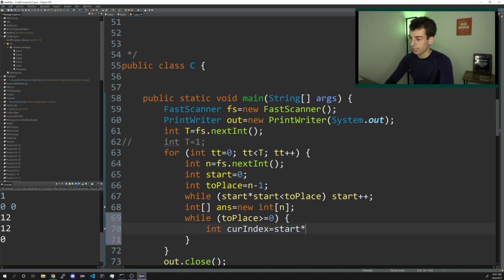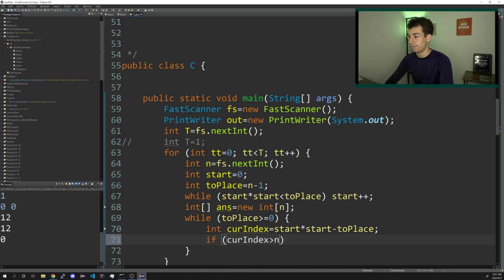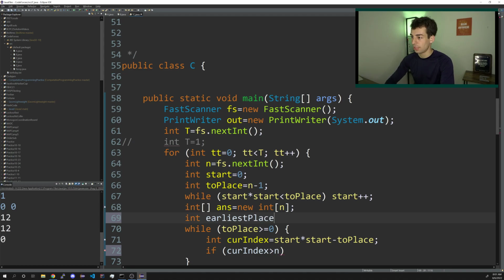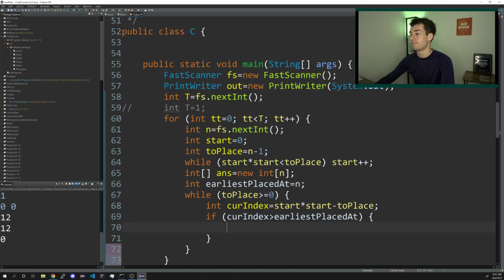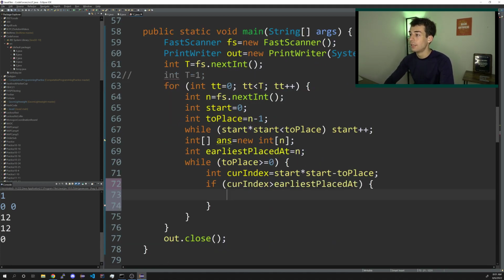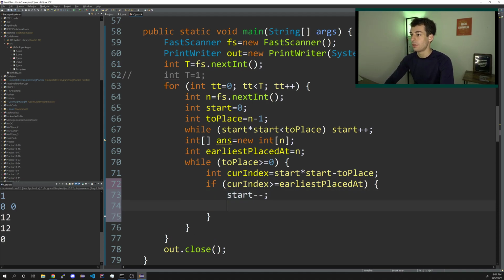This will be start times start, this is the index minus to place. If per index is greater than n, int earliest placed at will be n. If it's greater than or equal to earliest placed at, then start minus minus, and continue.